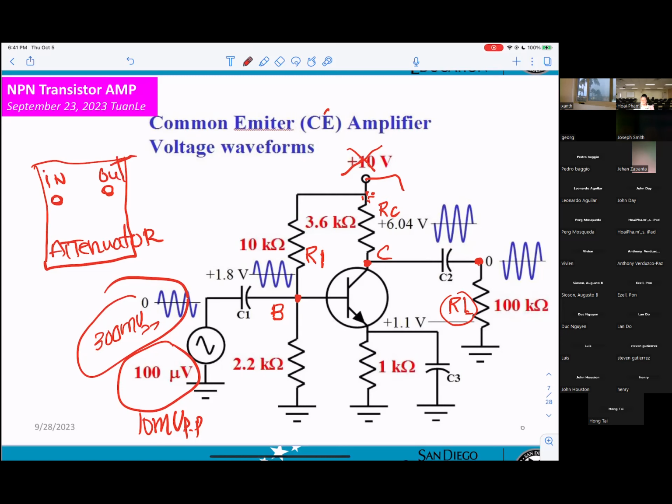That means when they build the board with a CE amplifier, they will give it to you. We call it an attenuator.